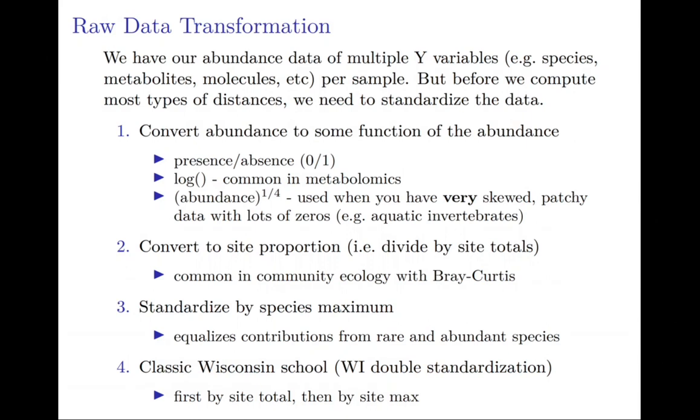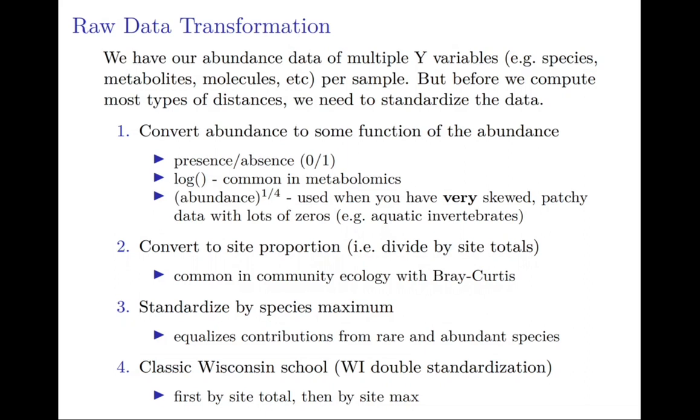And so one thing that we need to think about when we have this data is transformation. We have our abundance data of multiple Y variables, for example, species, metabolites, molecules, etc., per sample. But before we compute most types of distances, we need to standardize the data.